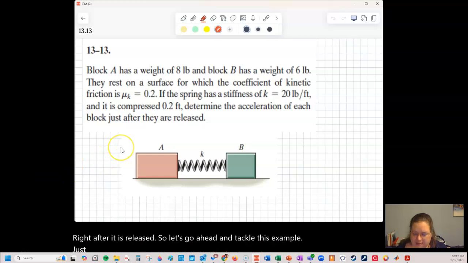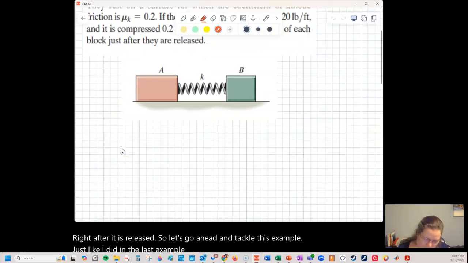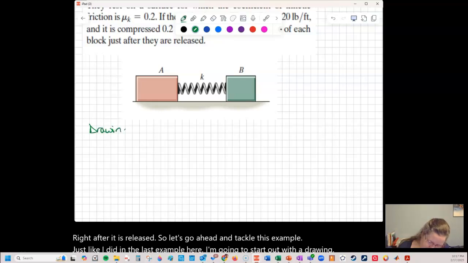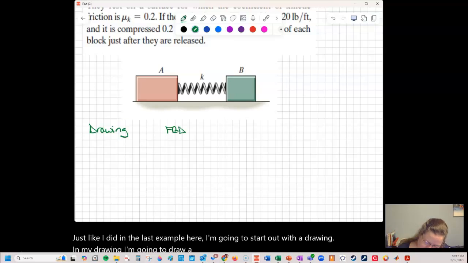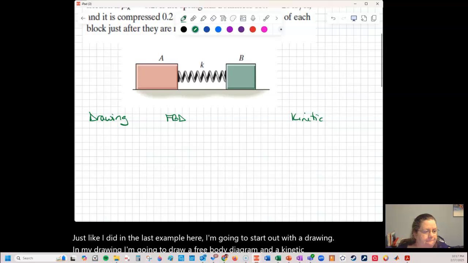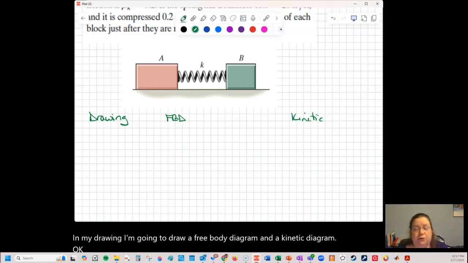Just like I did in the last example, I'm going to start out with a drawing. In my drawing, I'm going to draw a free body diagram and a kinetic diagram. I'm going to go ahead and do this for each block independent of the other.